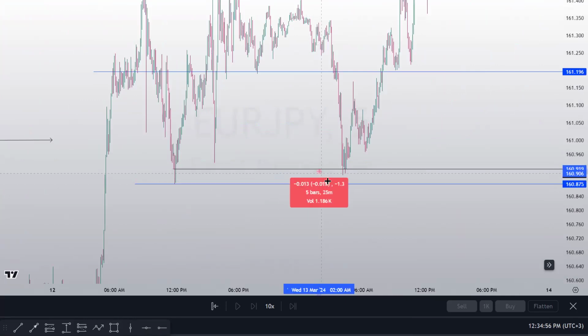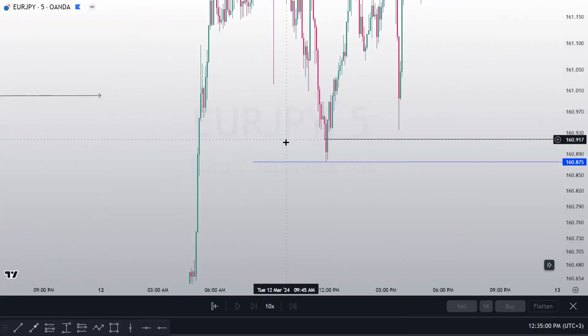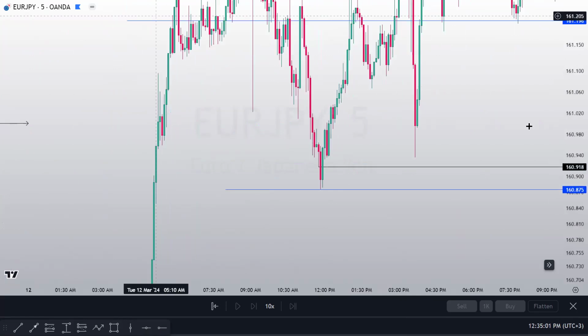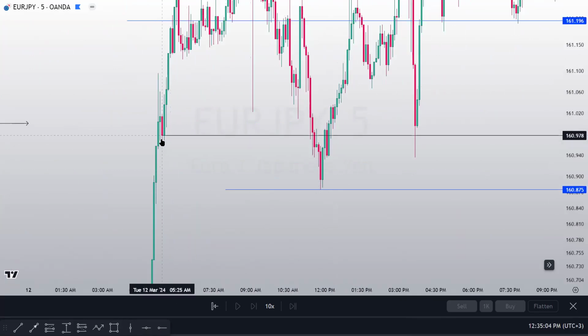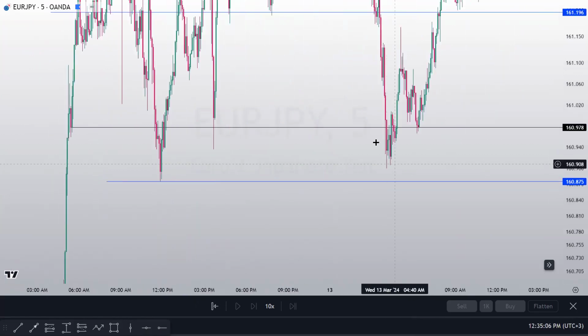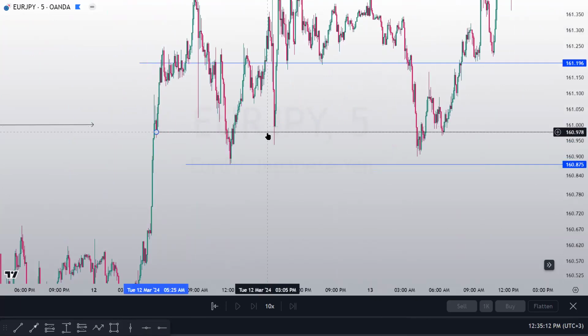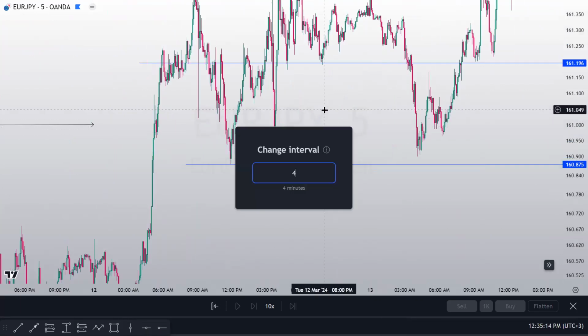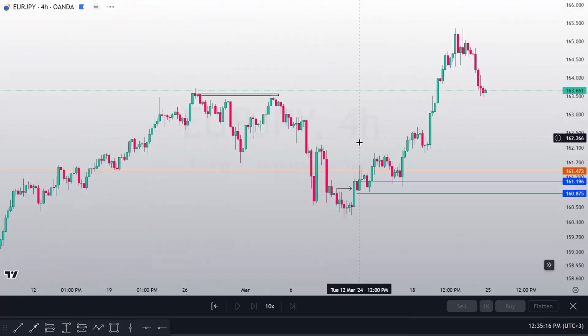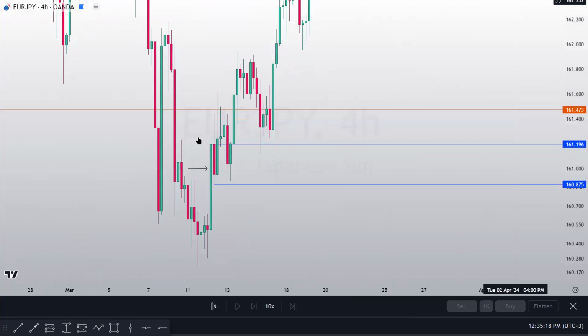As you can see here, in terms of liquidity consumption, almost 5. But even if you don't know the concepts of liquidity consumption, you would have taken the entry based on this liquidity engineering. Even by 10 pips, you are fair enough to take the movement, as you can see.